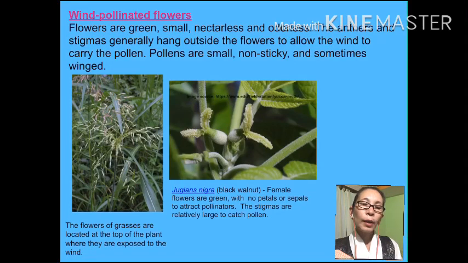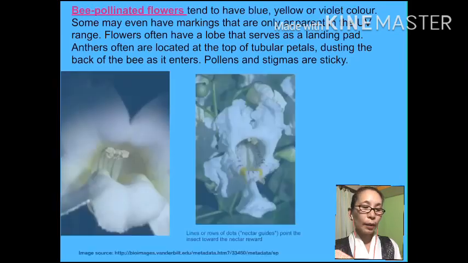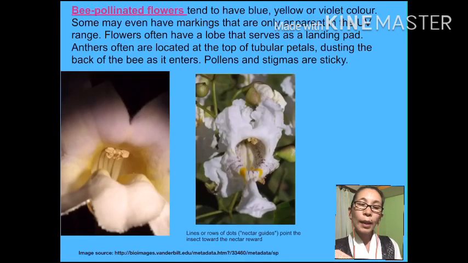The most predominant insect pollinators are the bees. And flowers pollinated by bees tend to have bright colors such as blue, yellow or violet. Bees can also see colors in the UV range. The flowers possess lots of nectar, have a conspicuous size and are scented.